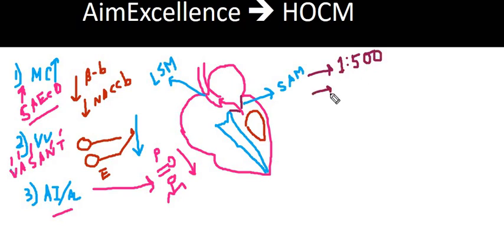Among first degree relatives, at least every third person can develop this condition. This can be your important one-liner. Most common presentation is asymptomatic.